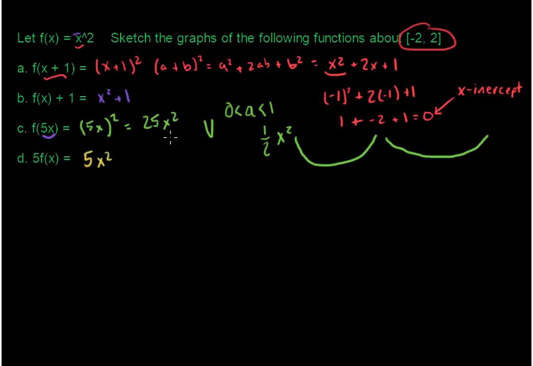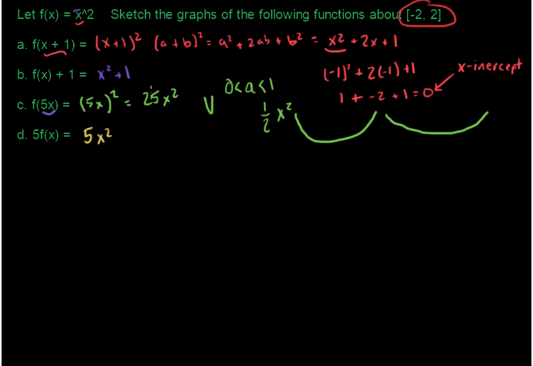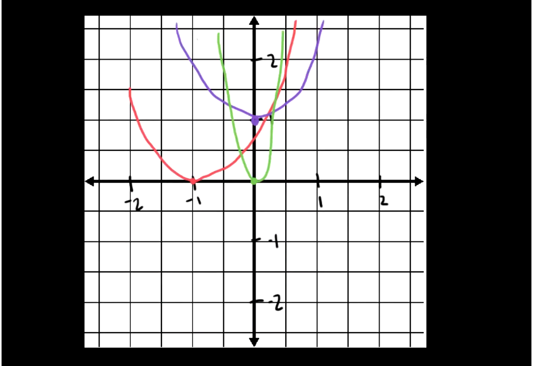Same thing, just going off of what I just explained here. It's going to be the same parabola centered at the origin, but it's not going to be as compressed as the 25x squared. It would be just like this, still centered here, but just a little wider, like this.